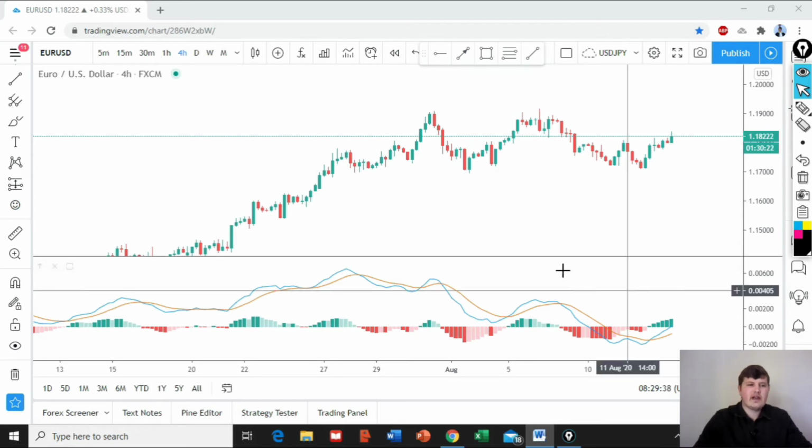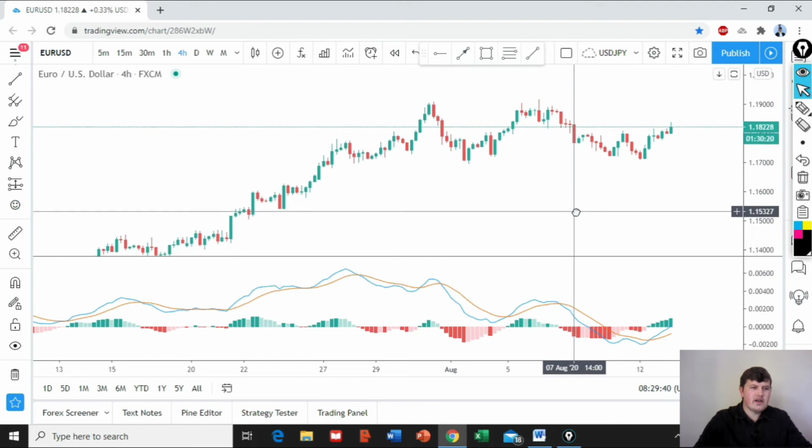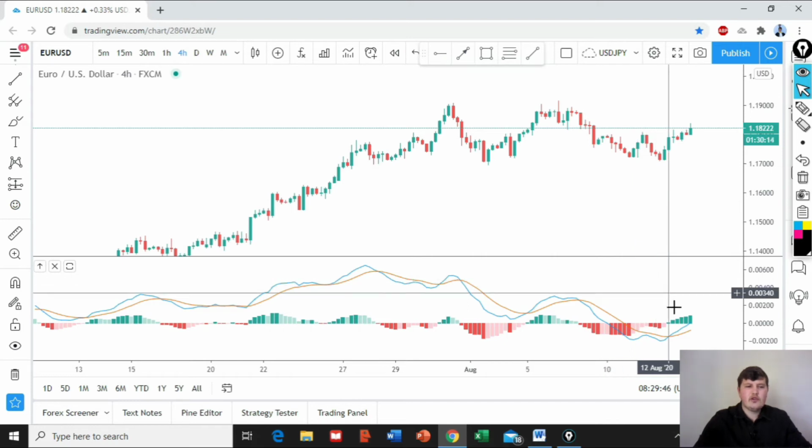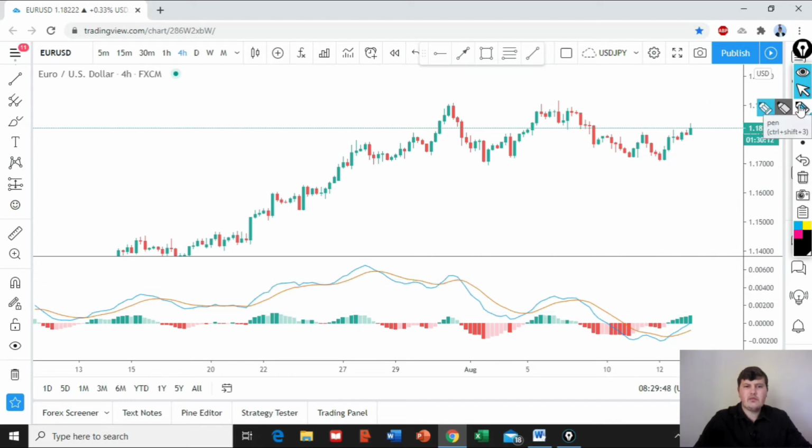Now, how you go about using this MACD is when the moving averages cross over below the histogram like this, for example, then it's likely to indicate the start of a possible uptrend move to the upside, as shown over here. So the MACD is crossing over below the histogram.